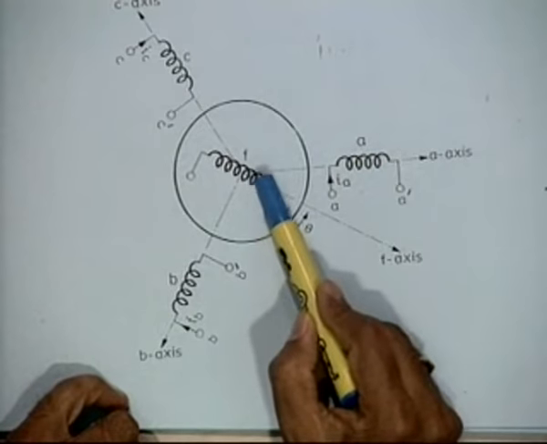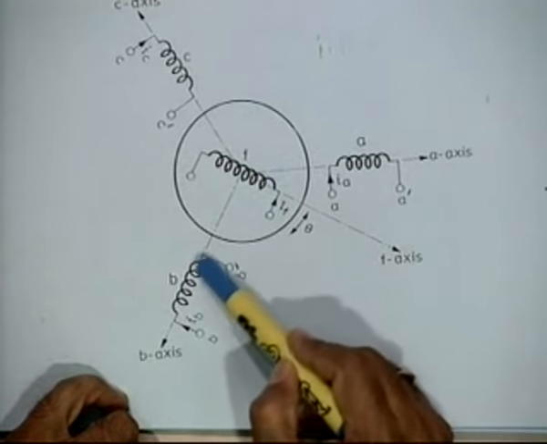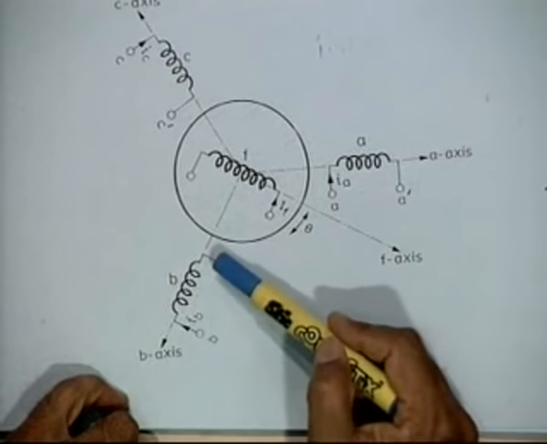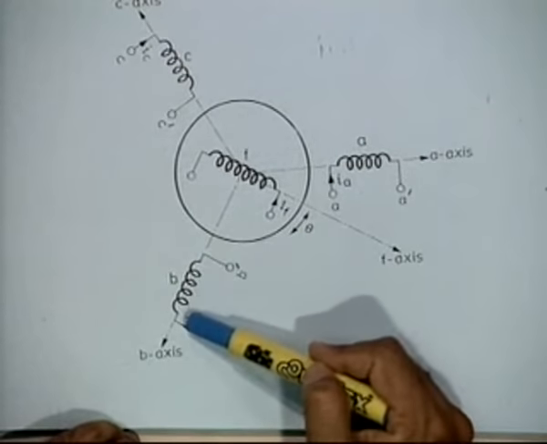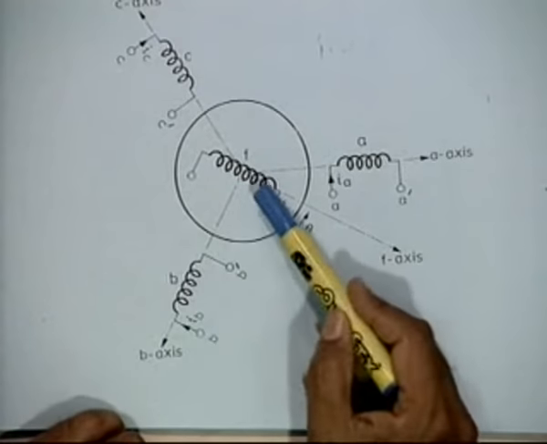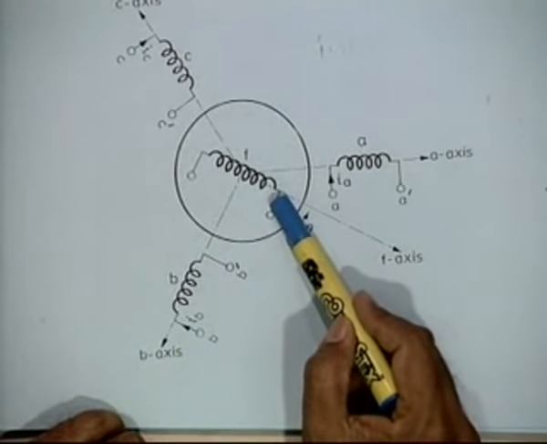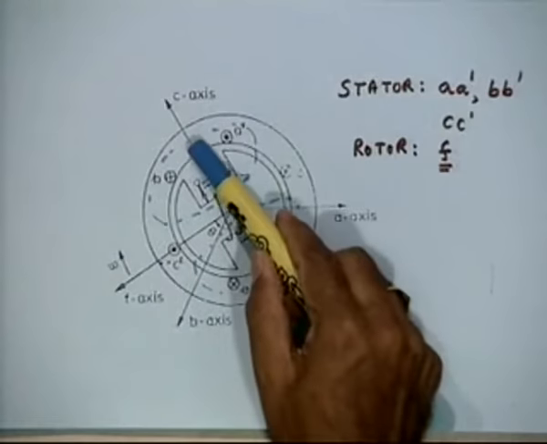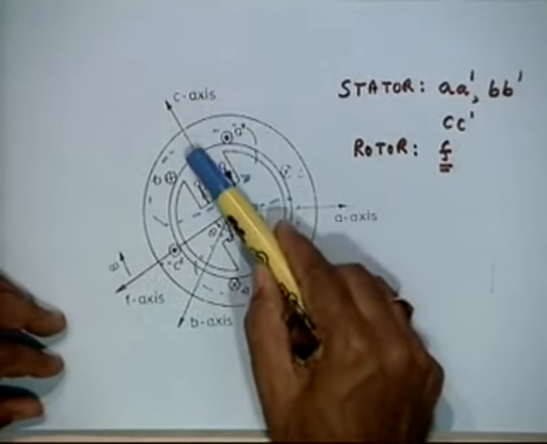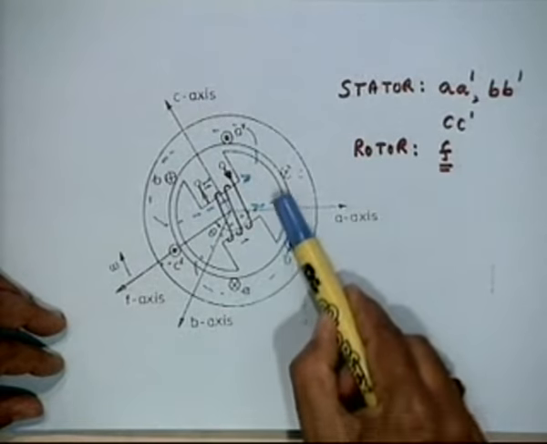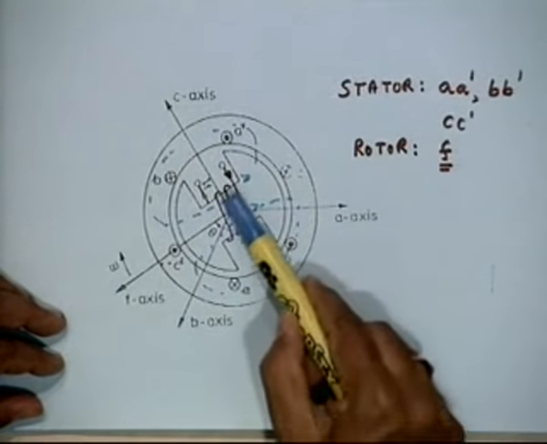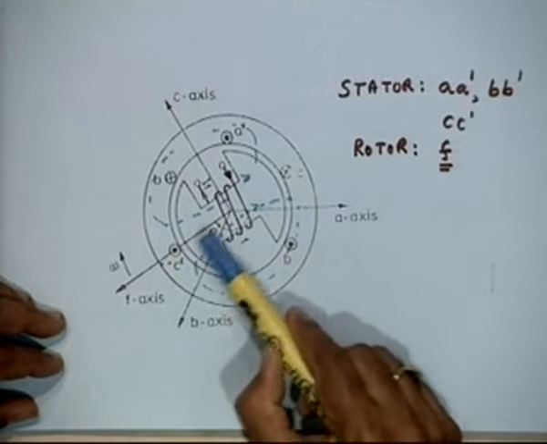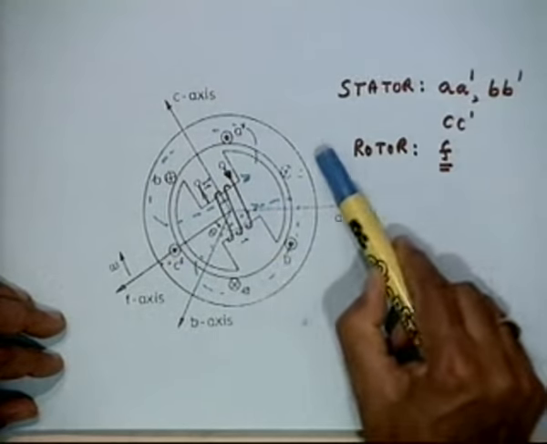And there will be a time where this F axis will align with B axis. That is the time where B winding will have the maximum flux linkage, and the maximum flux that is linking will be nothing but the flux per pole. The maximum that it can give is the total flux per pole, whatever flux is over a pole pitch, and that will link the stator winding when the two windings are aligned.